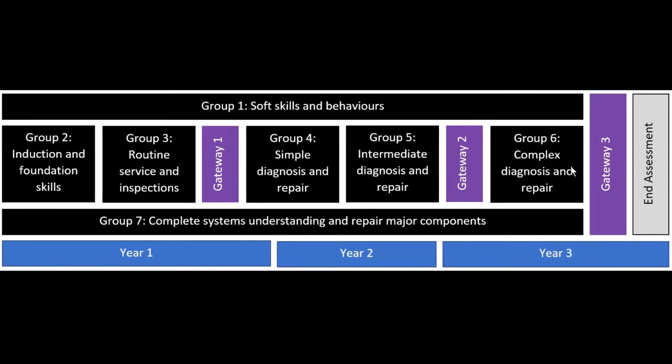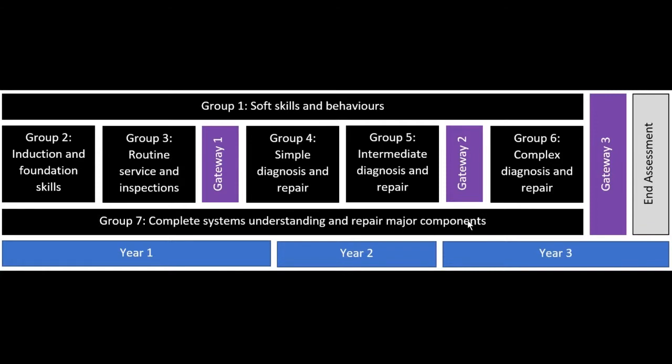And Group 7, developing a complete systems understanding and repair major components, is again carried on throughout the whole course. And broadly speaking, this is done over Year 1, Year 2 and Year 3. So that's a general overview of apprenticeship standards and how it fits in with the logbook process online.